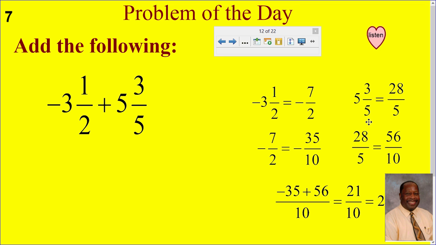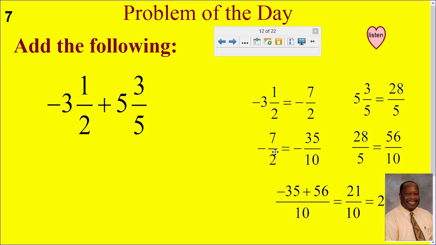Now in order to add these two new fractions, -7/2 and 28/5, I have to get a common denominator. Well, to get a common denominator, what would be easy is to multiply both of those by 10. So I'll multiply by each other to get 10. So I multiplied 2 times 5, that gave me 10.